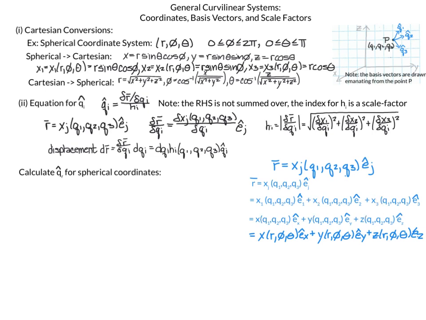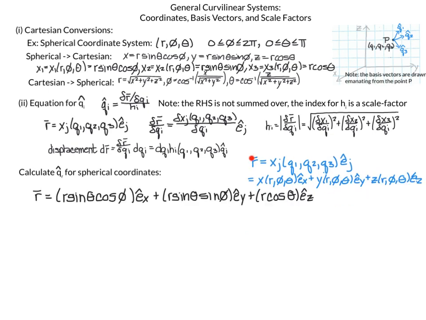And the q1, q2, q3 come from our curvilinear system. That's our r, phi, theta. So finally, our r vector is equal to x of r, phi, theta in the x direction, y of r, phi, theta in the y direction, and z of r, phi, theta in the z direction.